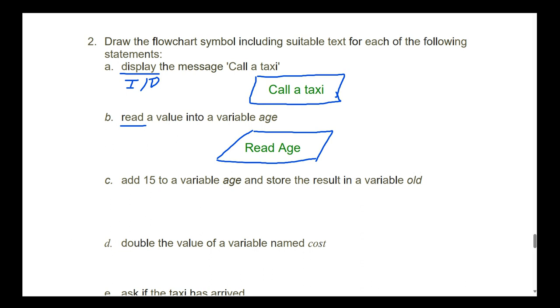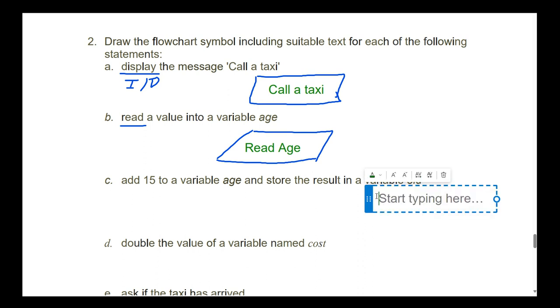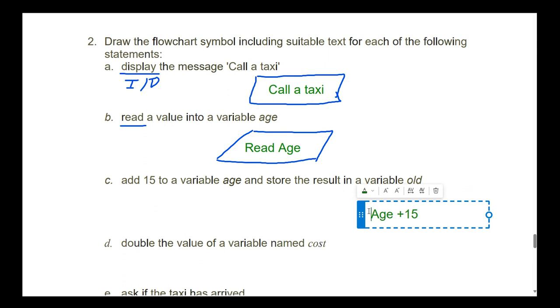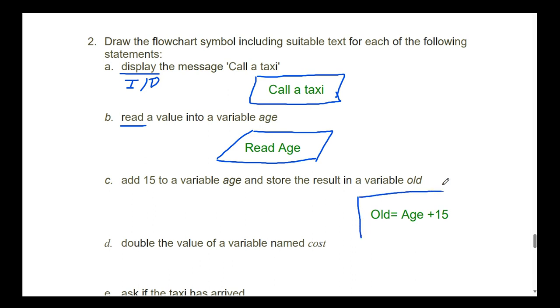So we're adding 15 to the variable called age, and we'll be storing the value in a variable called old. That's all that is asking. So that would have been a process, right? And we put that in a rectangle.